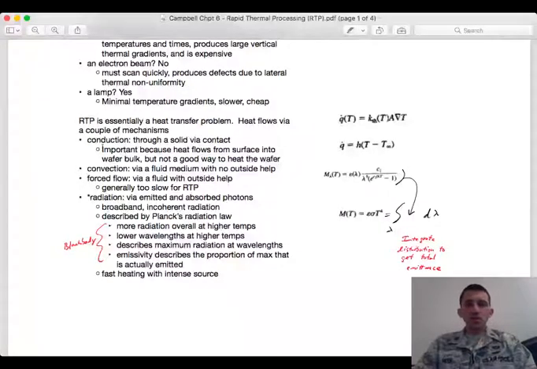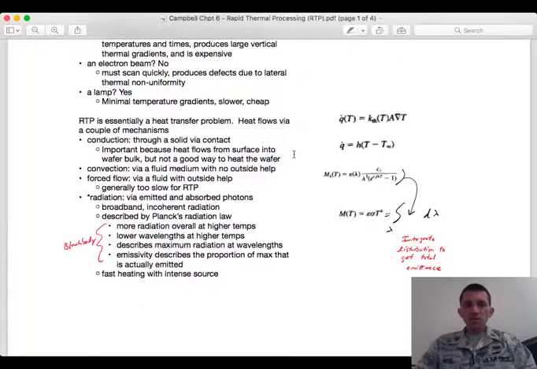when we're talking about conduction, we're talking about heat transfer through a solid via contact. This is important in rapid thermal processing, not to get the heat into the wafer, but to consider the heat flow as it moves from the surface where it's deposited into the bulk.